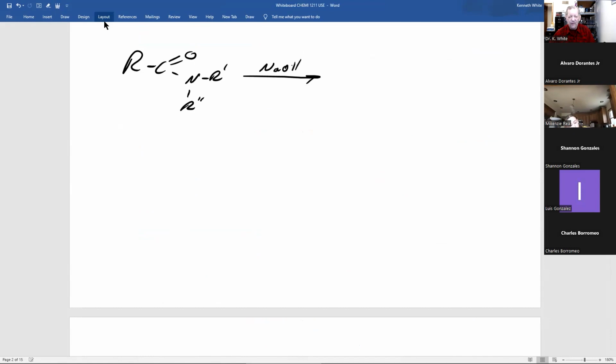Sodium hydroxide and water. I'll teach you when we get into fats and oils and also proteins why this is a good thing to use. I already talked about that product, for cleaning out your drain. Anyways, amide.